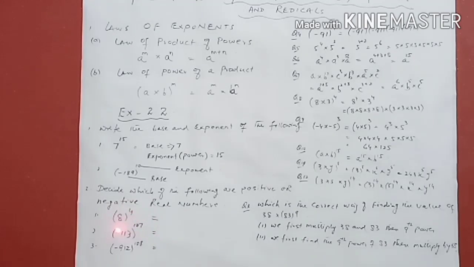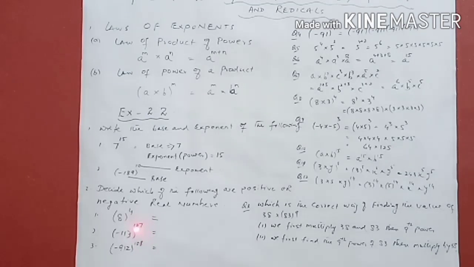If a number is negative, just like in question number 2, minus 113 raised to power 107. Minus 113 is a negative term, but it contains the power 107. The power 107 is an odd number.